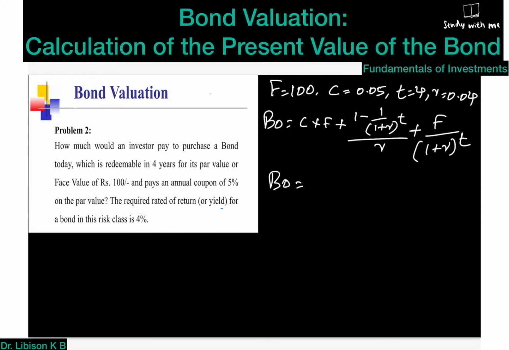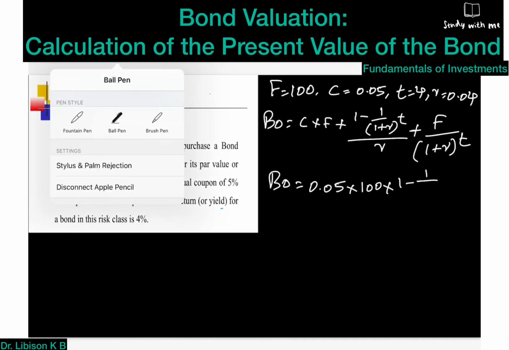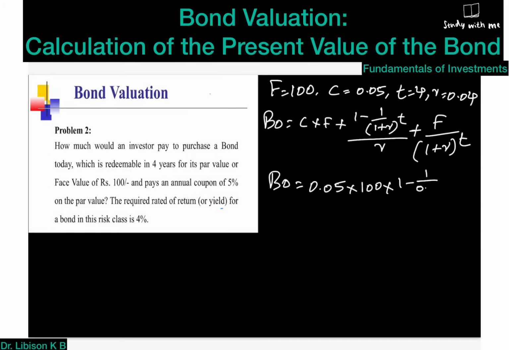Okay, so B0 is equal to C 0.05 multiplied by face value 100 multiplied by 1 minus 1 divided by 1.04 raised to 4 whole divided by 0.04 plus 100 divided by 1.04 raised to 4.